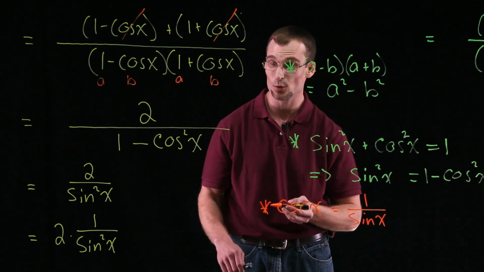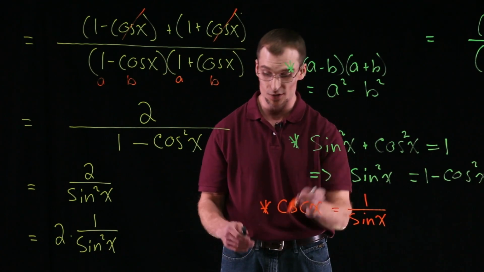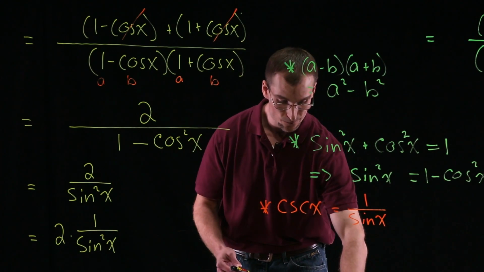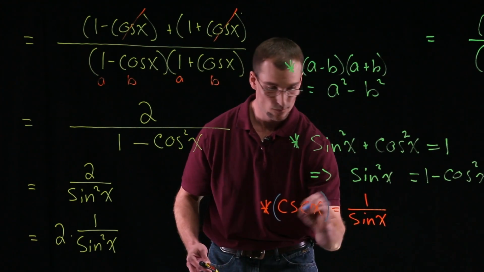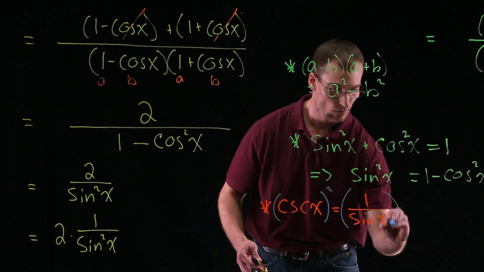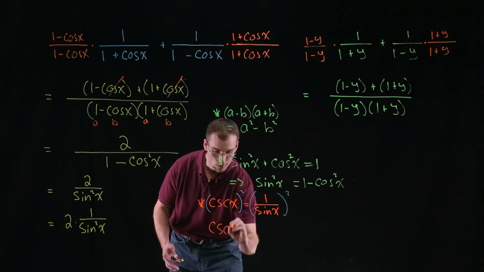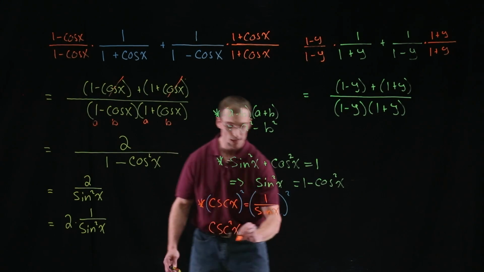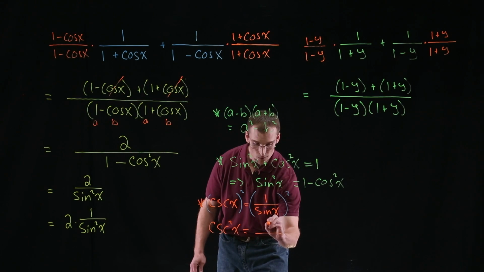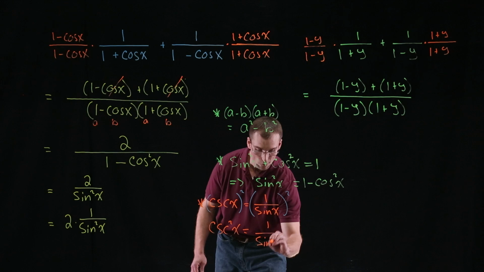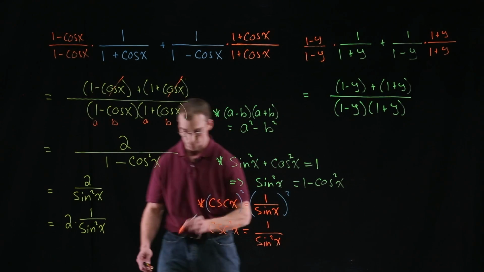Well, we have 1 over sine squared x. How can we get there? Well, we notice if we just square both sides, that will give us cosecant squared x is equal to, squaring both top and bottom, 1 over sine squared x. So we can make that substitution.